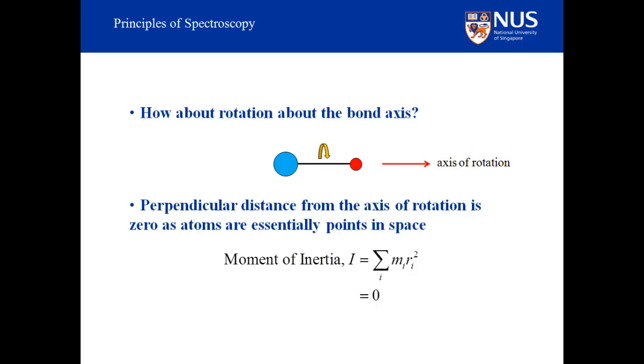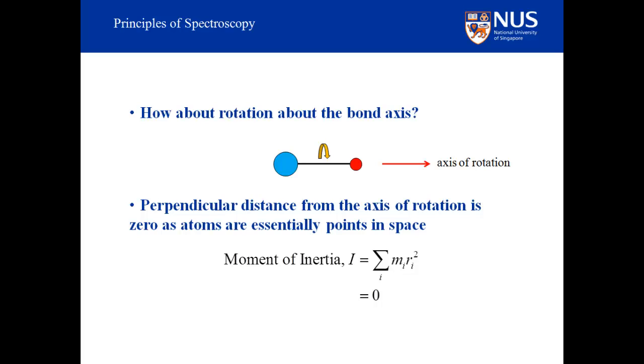In reality, of course, the nuclei do have a really small size. And of course, the electrons are not on the internuclear axis. And so the diatomic does have a really small moment of inertia. But remember that the rotational term depends inversely proportional to the moment of inertia.